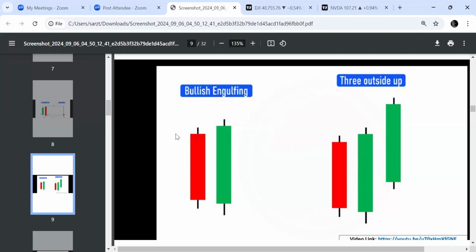So the bullish engulfing pattern we had understood, and if the confirmation happens to this candle, confirmation means the next candle has to close above this previous close. If the confirmation happens to a bullish engulfing, we call it three outside up.